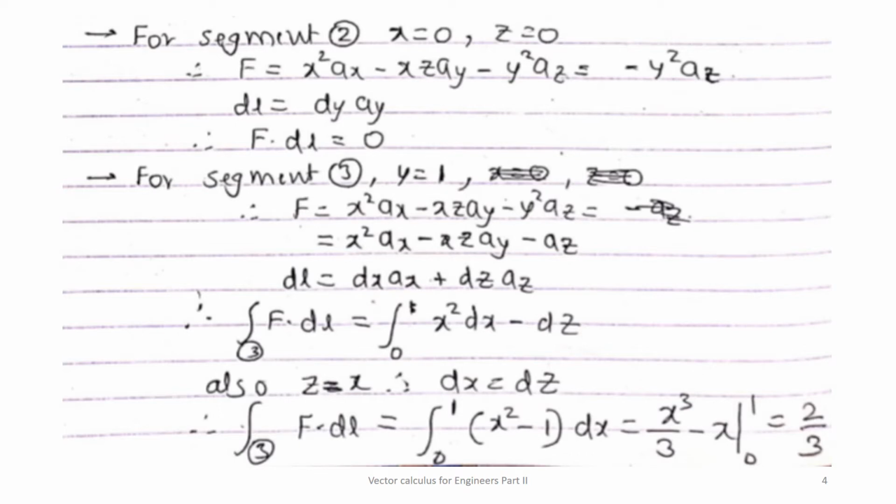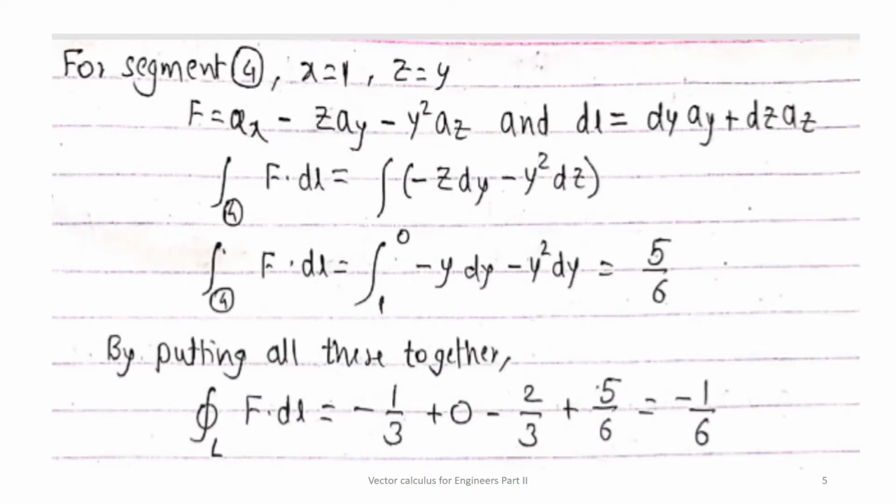Function you will get x square ax minus xz ay minus az, and dl is equal to dx ax plus dz az. f dot dl, if you find the integration along path 3, you will get x square dx minus dz, and when you solve the integration by putting z is equal to x and dx is equal to dz, you will get with respect to x, that is 2 by 3. So here we solve for segment 4 and I got 5 by 6, and after putting all together, that is all 4 paths I added, and I got minus 1 by 6.